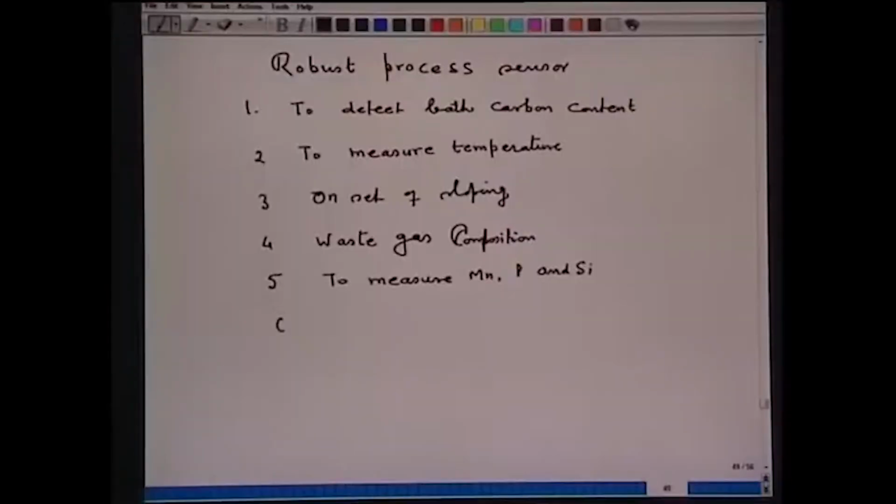Also, you require a sensor to detect lance to bath distance.